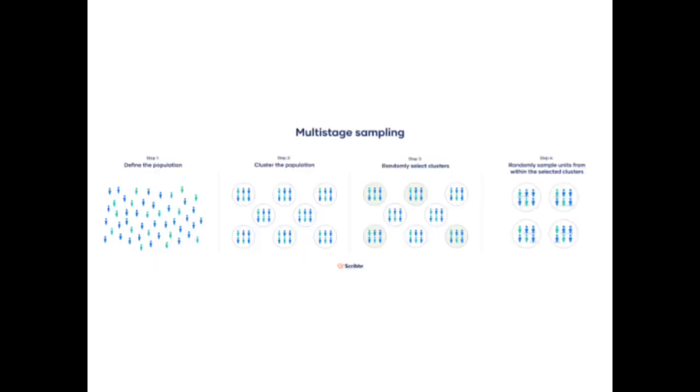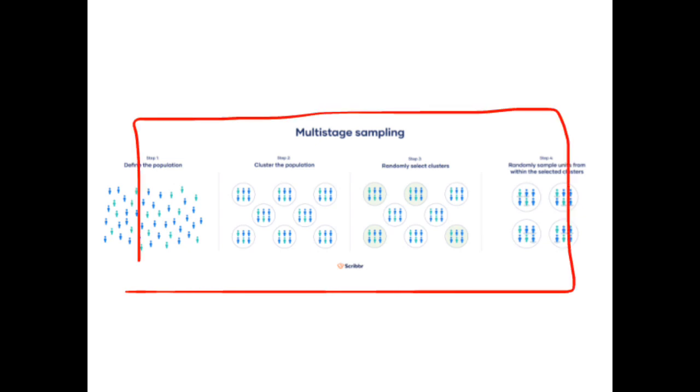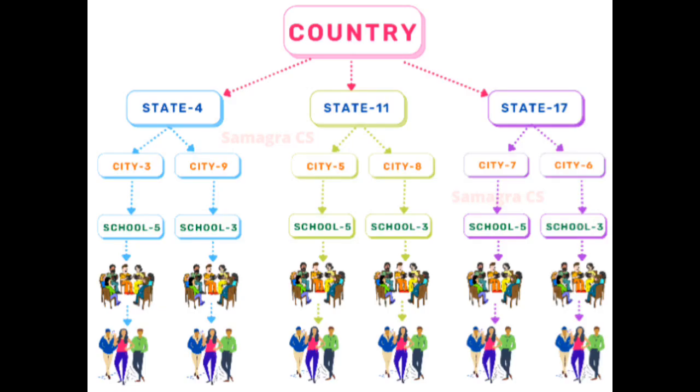For example, this is the illustration about multi-stage sampling. Now let's use this simple illustration here. This is the study of the population of the whole country. A researcher wanted to study the population of the whole country, so he used the multi-stage sampling method, where the country was divided into states.